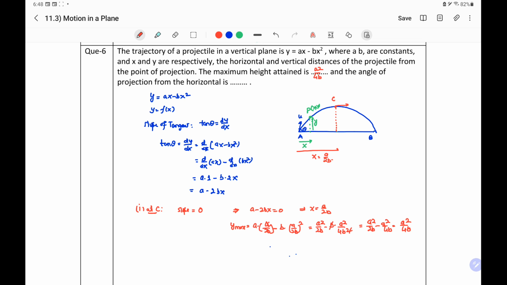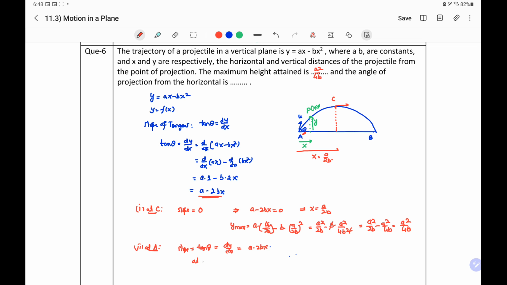And now we have to find the angle of projection. At the angle of projection, because the angle of projection is theta, at point A the slope will be tan theta, and it is equal to dy by dx. We found tan theta is a minus 2bx.